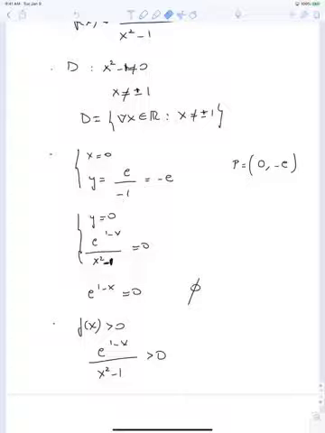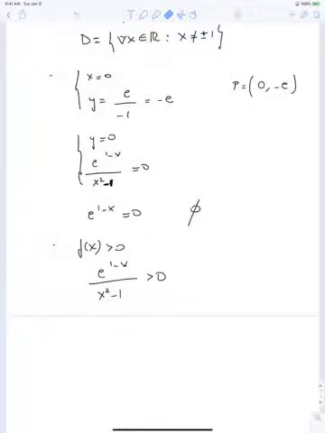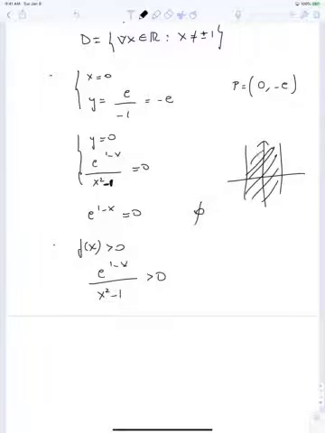In this case, the domain is not continuous. You have some points where the function is not defined. So the function might be all positive in one part of the graph and entirely negative in another part of the graph without having intersections with the x-axis. I'll give you a quick example of this. This is not the function that we're studying, but if the function is not defined in this domain here, the function could be positive here and negative here.